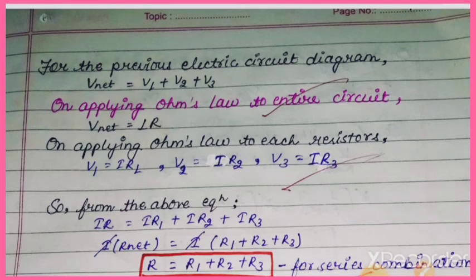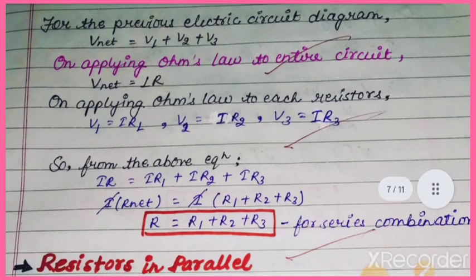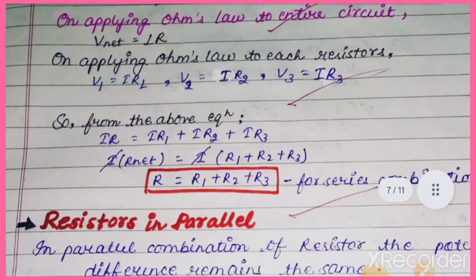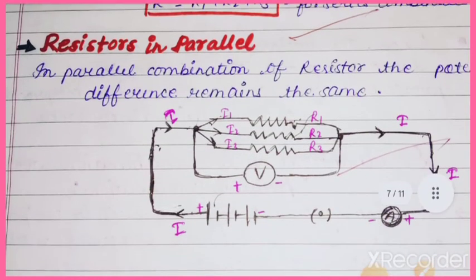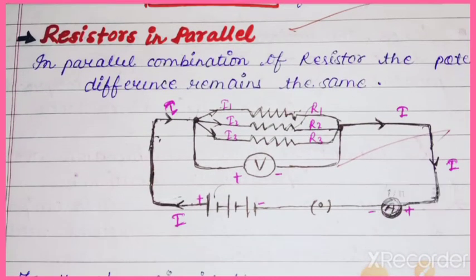It is always asked in exams how to derive the formula of the series combination, right? I will tell you how to derive the formula in our second video. And resistors in parallel: parallel means the combination occurs in parallel, right?